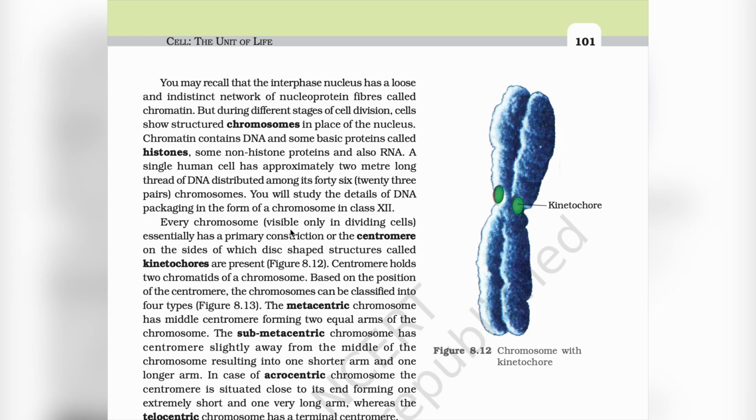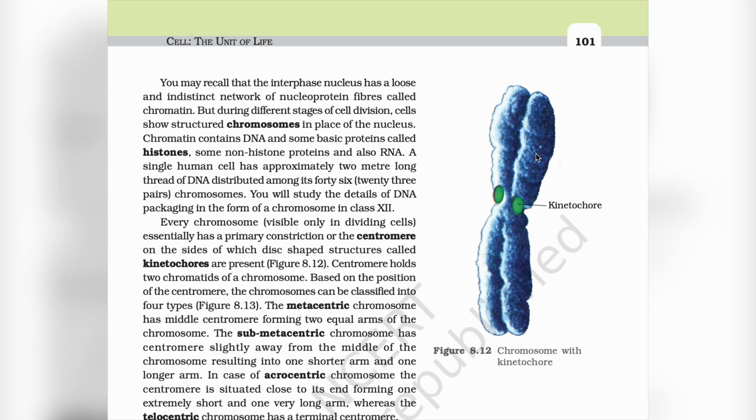Every chromosome, visible only in dividing cells, essentially has a primary constriction or the centromere on the side of which disc-shaped structures called kinetochores are present, as can be seen in figure 8.12. This is the structure of a chromosome. This is one sister chromatid and this is the other one.